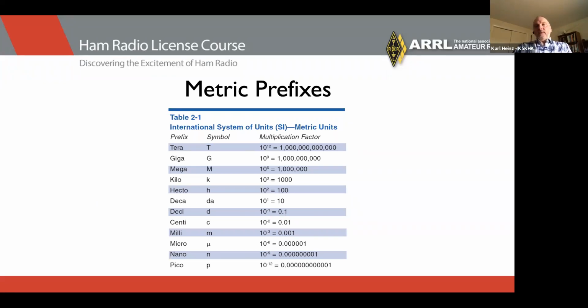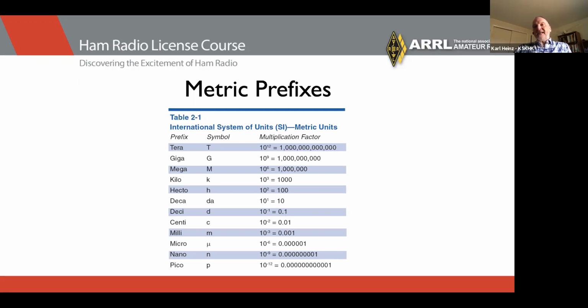You may know that when it comes to engineering, we don't use units like miles and feet and gallons and quarts and ounces and fortnights, furlongs and other strange units. We use the metric system.